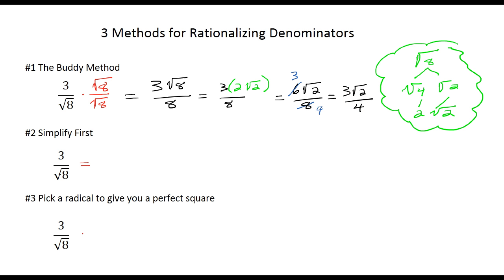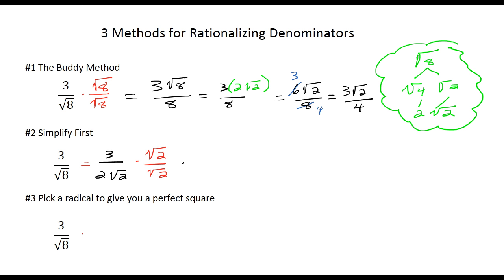Okay, the second method would be to take this radical 8 and simplify it right away. Now we already have this cloud work over here, so we know that radical 8 is really 2 radical 2. So this problem is really 3 over 2 radical 2. And if that's the case, then I look at the radical 2 down here, and that's my buddy, so I'm going to multiply by radical 2 over radical 2.